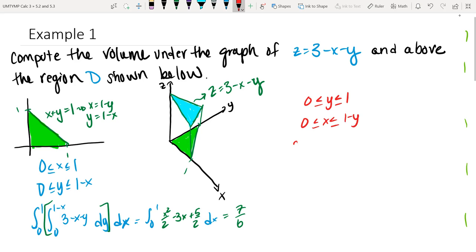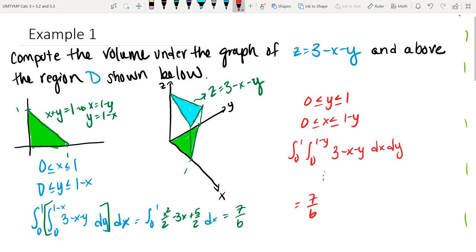So then you could set it up as 0 to 1 minus y, and then the function 3 minus x minus y, and then it would be dx dy. Either one will give you the same answer of 7 over 6.